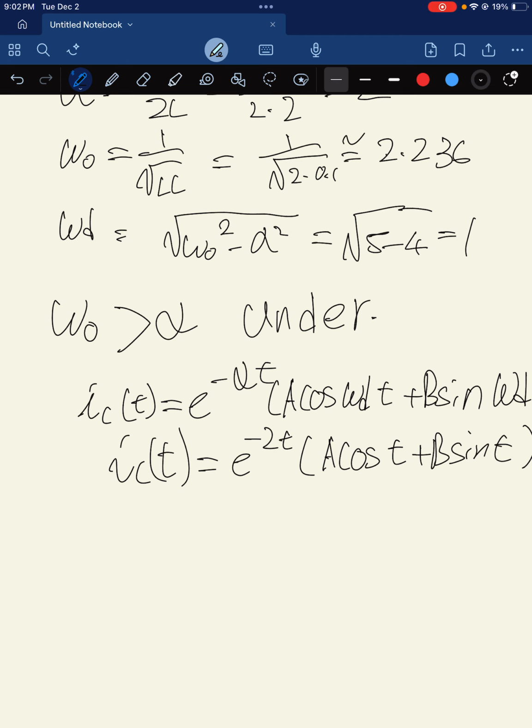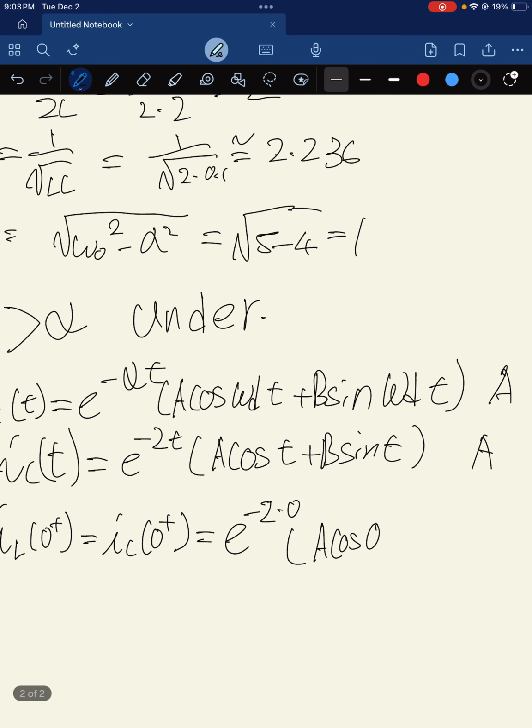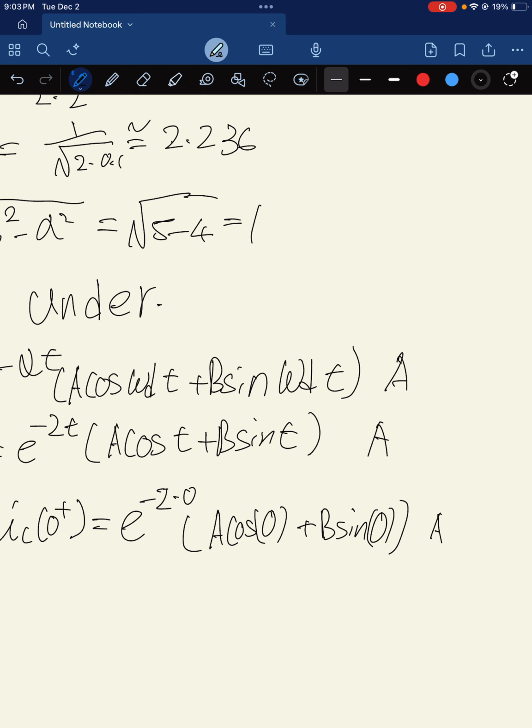Now, since we know that IL at 0 plus is equal to IC at 0 plus, we're gonna plug t equals 0 into the general formula, which gives us e to the negative 2 times 0, times a cosine 0, plus b sine 0, in amps.